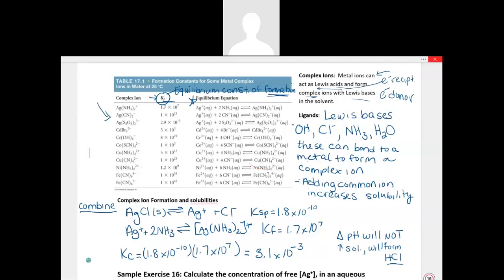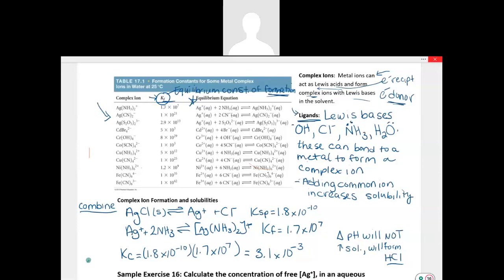So we mentioned that the metal cations can act as Lewis acids. The other portion of our complex ion, besides the central metallic ion, is called a ligand. These are Lewis bases that I mentioned earlier, which act as electron donors, so they need to have at least one lone pair.